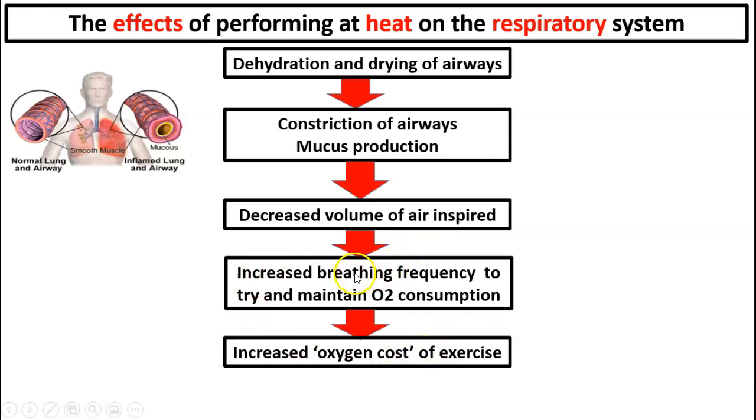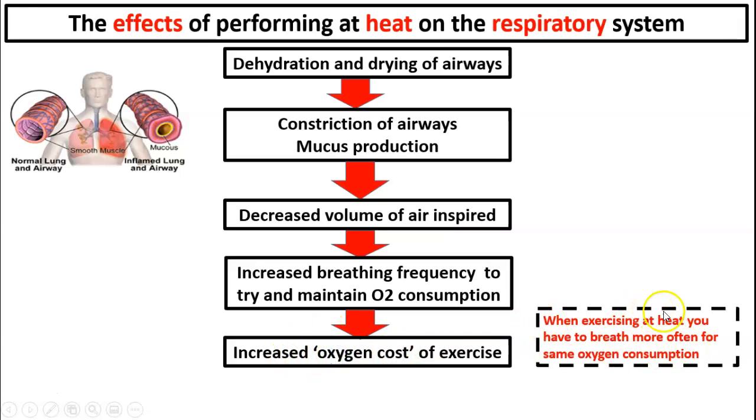So if we are having to breathe more often for the same oxygen consumption, the cost of this oxygen is increasing. Okay, so I've put it onto here. So when exercising at heat, you have to breathe more often for the same oxygen consumption. So the oxygen costs more breaths than it would if you were not exercising at heat.